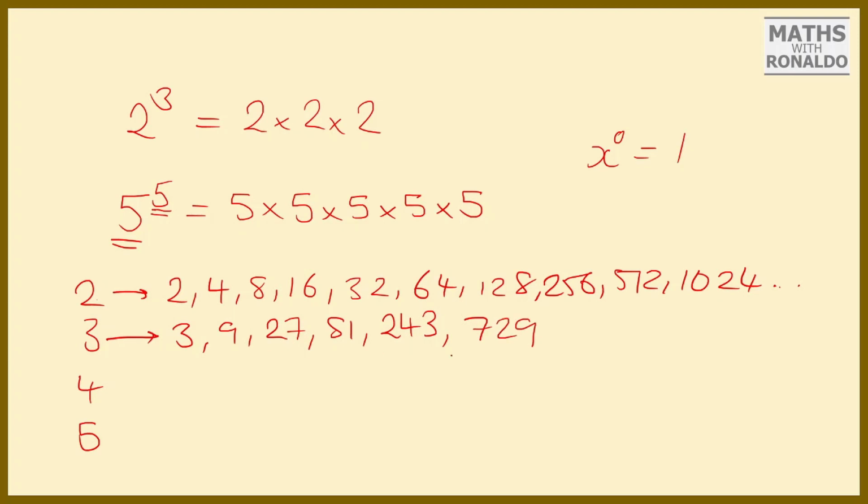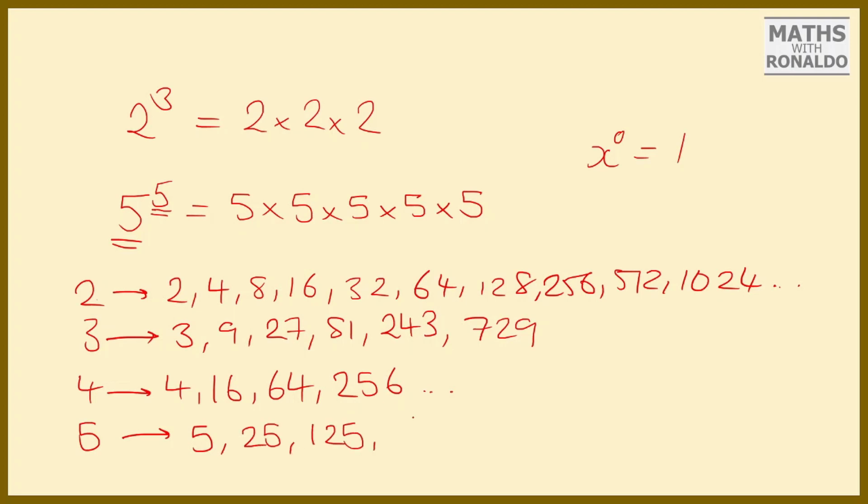And you can see that goes on. 4 to the 1 is 4. And we have 16, 64, 256. And you can continue that too. And for 5, we have 5 to the 1, 5 to the 2, 5 to the 3, and 5 to the 4.